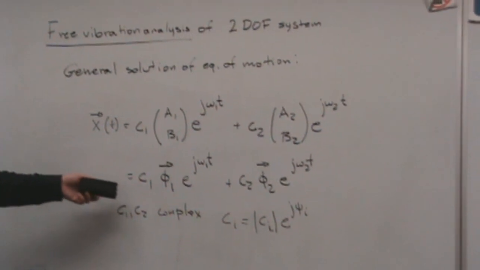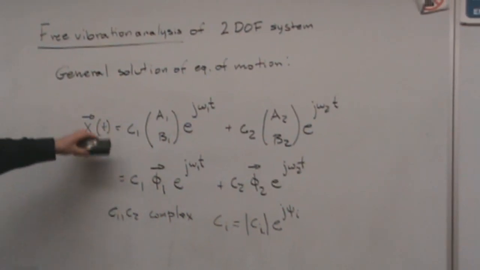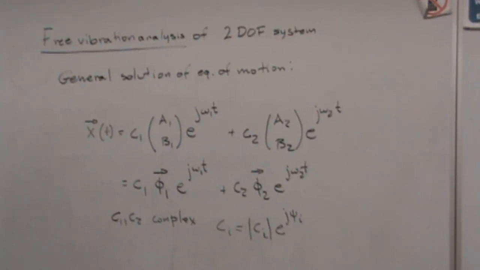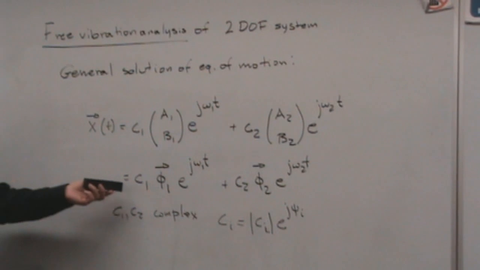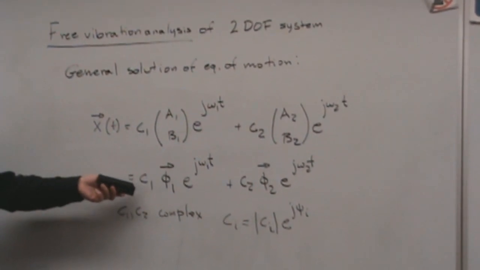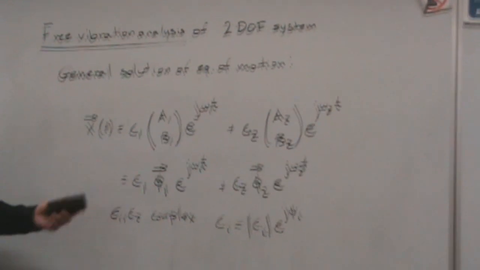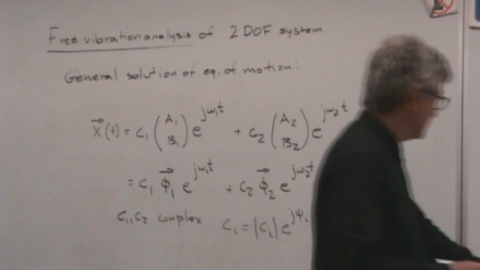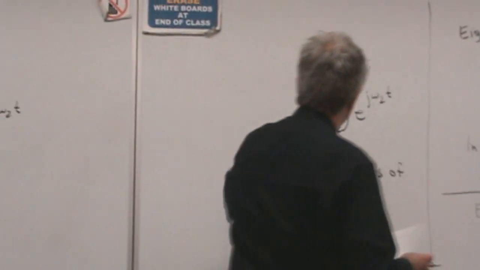Now, we have said before that when we write equations that involve complex numbers, we mean that the equation is satisfied for the real parts. The imaginary parts are not important. So in the real form, the equation is as follows for the displacement.